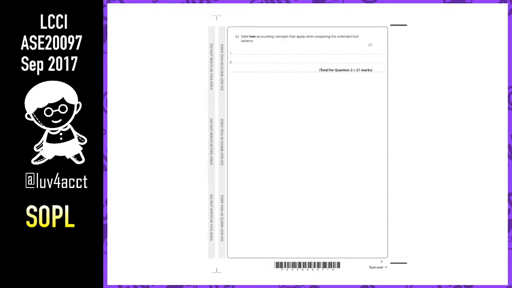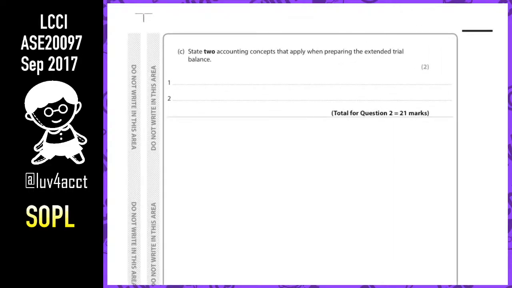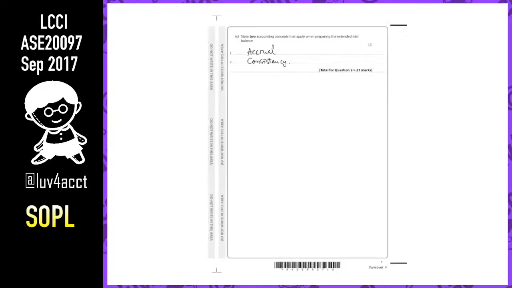If we are going to deal with depreciation, then also prudence, consistency. Because depreciation applies the prudence concept. For consistency, it applies to the calculation of depreciation. So I would say accrual. I would say consistency.